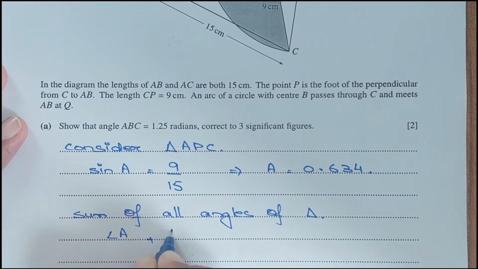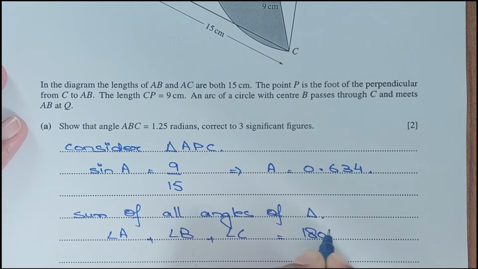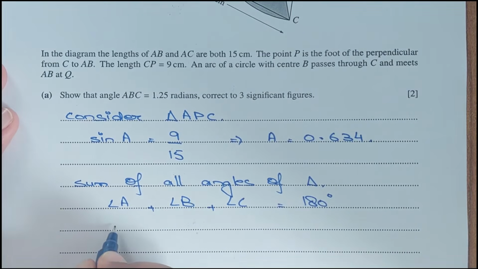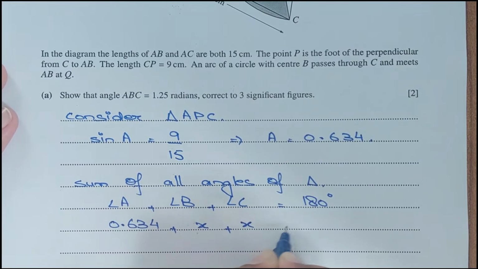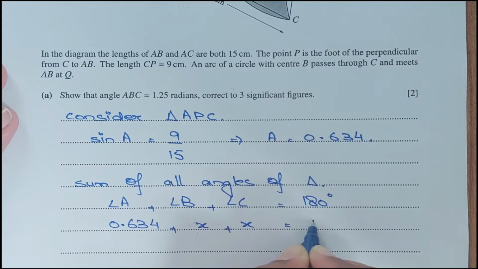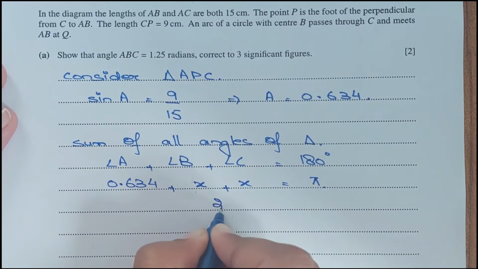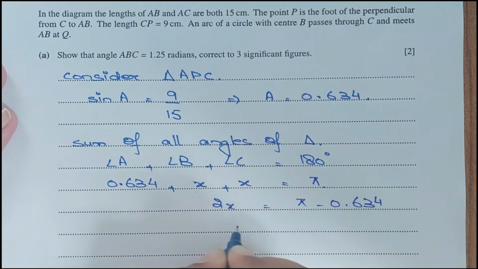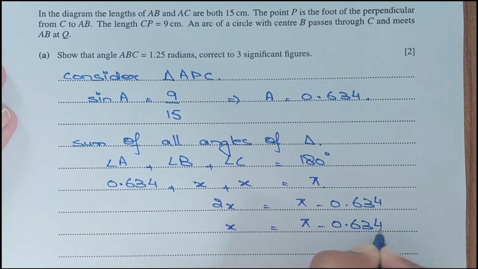Angle A plus angle B plus angle C is pi. Okay, so we have angle A 0.634. Angle B is, let's say, x. Angle C is also x. Okay, so we can say 2x is pi minus 0.634, and x would be equal to pi minus 0.634 divided by 2.